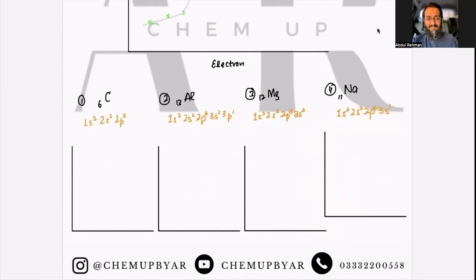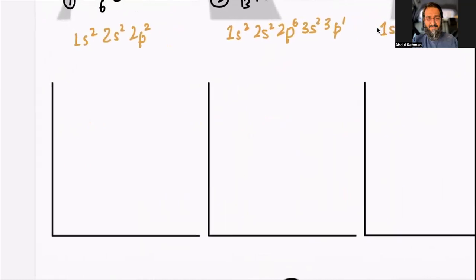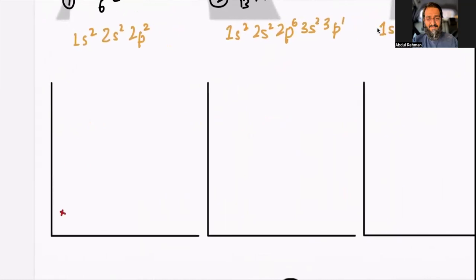So the first electron is removed from 2p, and 2p has 2 electrons. The first 2 electrons are released with a very slight increase for the second electron.